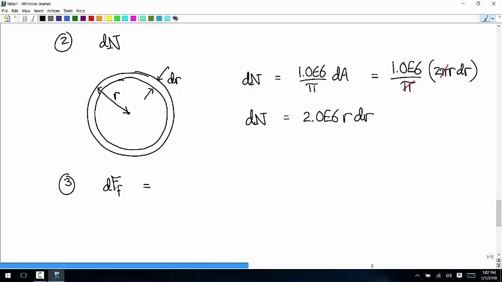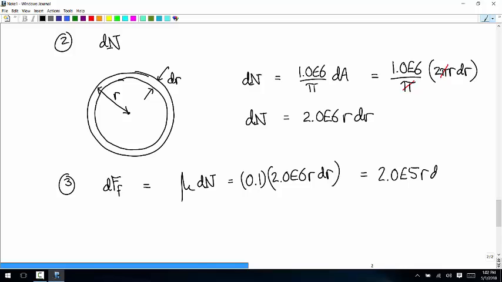So the infinitesimal friction force is mu dN. So that's 0.1 times 2.0 times 10 to the 6 r dr, which is 2.0 times 10 to the 5th r dr.